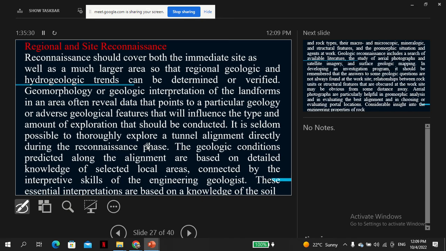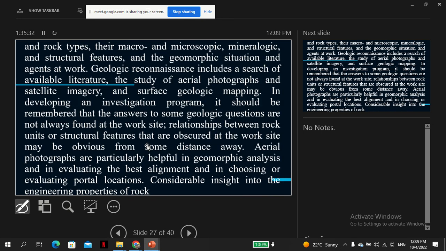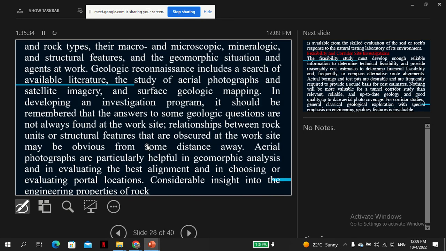So it is based on the knowledge of the soil and rock types, their macroscopic and microscopic mineralogic and structural features, geomorphic situation, and agents at work. Geological reconnaissance includes a search of available literature, of course, and the study of aerial photographs and satellite imagery.